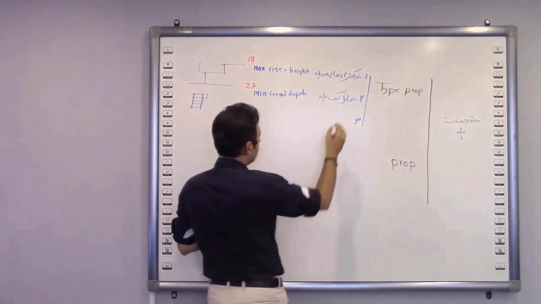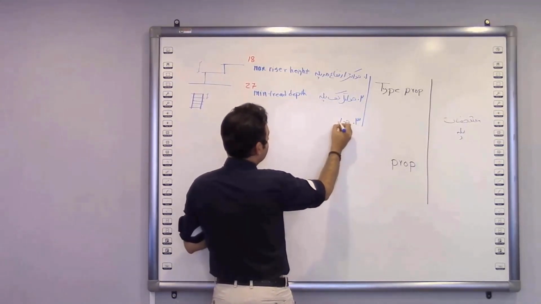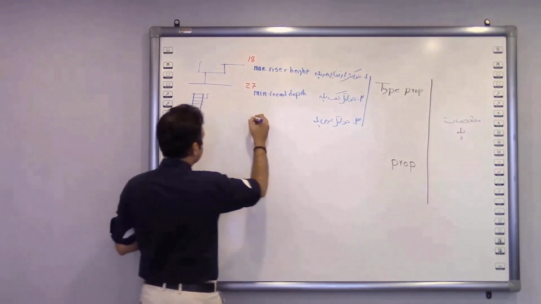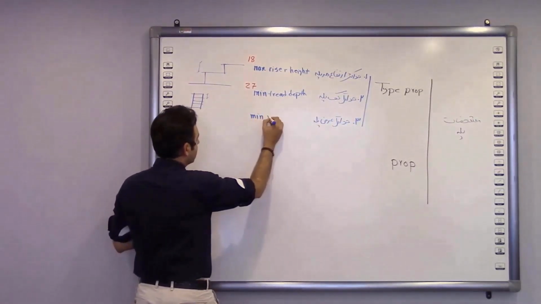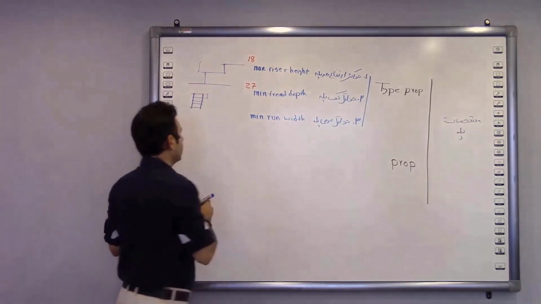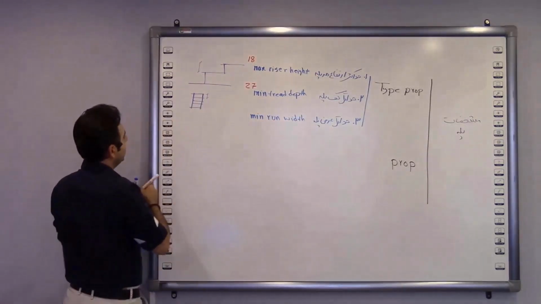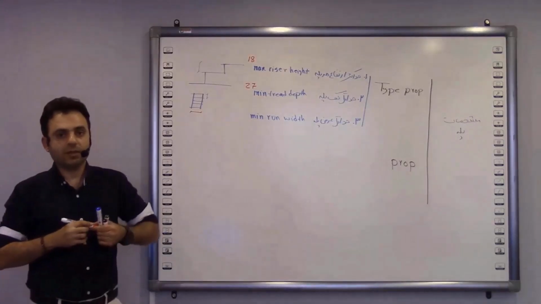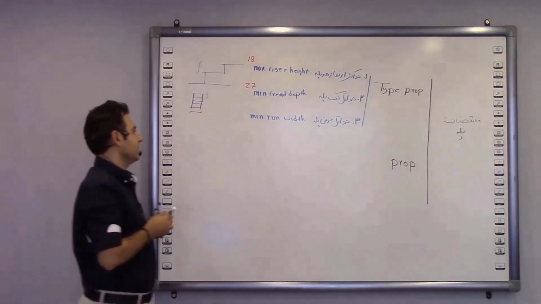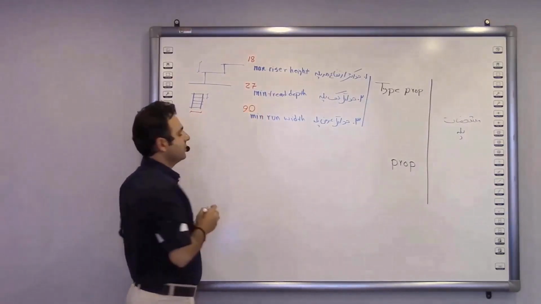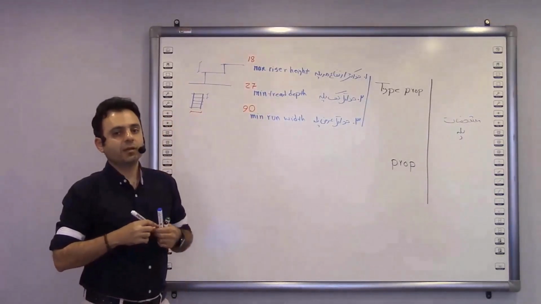Now, 3. The minimum run width. That, if I want to show you in the plan, it's this. The minimum run width, which is usually 90, but we don't want it to be 90.